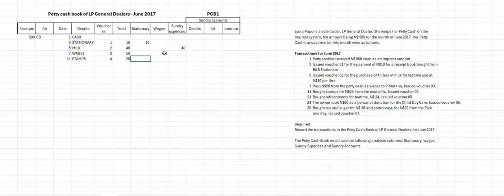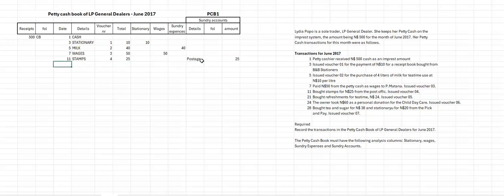Okay, we did not buy stationery, we did not buy wages, and it is not a sundry expense, but we did spend it on postage. So if we don't find the account here, then we need to post it here, because it needs to go to a specific account. Okay, which account do we need to post it to? To postage. That will go on our general ledger. And then how much did we spend? We spent $25.